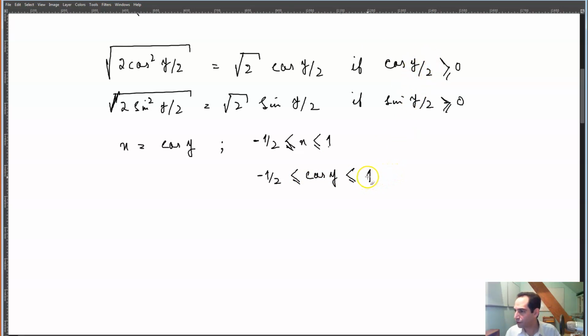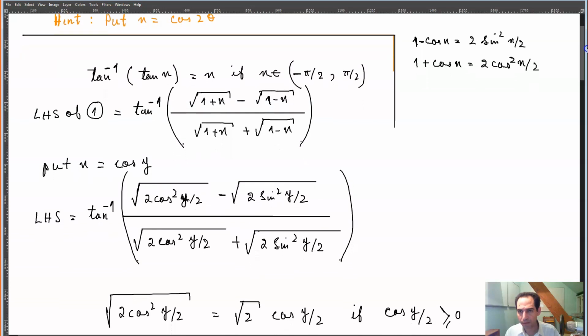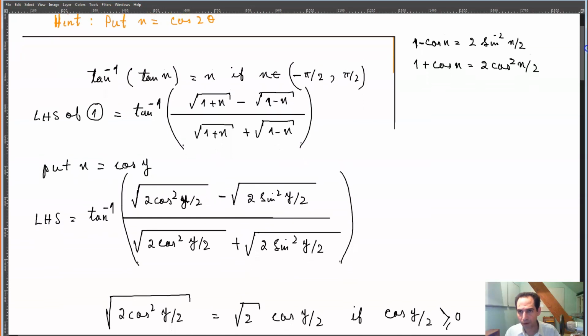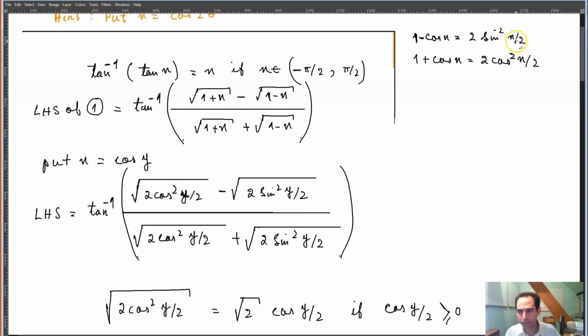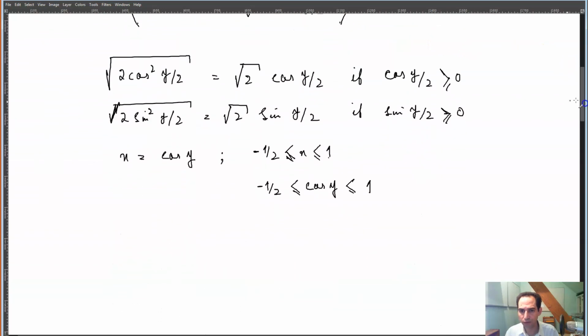And the way that I can do that is that I know that 1 minus cos x is equal to 2 sine squared x divided by 2, and 1 plus cos x is equal to 2 cos squared x divided by 2. So 1 plus cos x is equal to 2 cos squared x divided by 2.